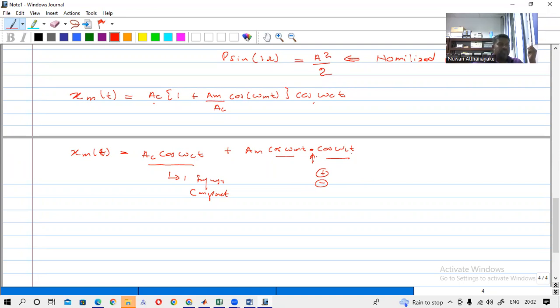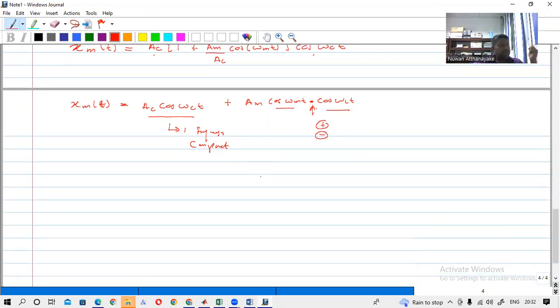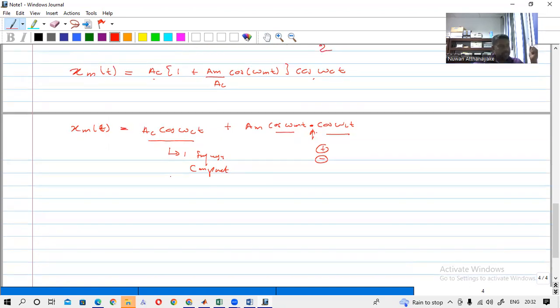For that you can use your basic trigonometric knowledge. Actually, you can also find the power of this signal the normal way, but this one may be much easier.